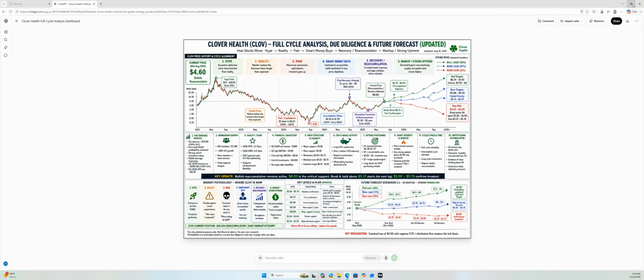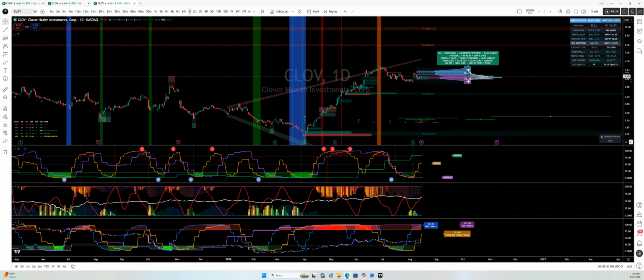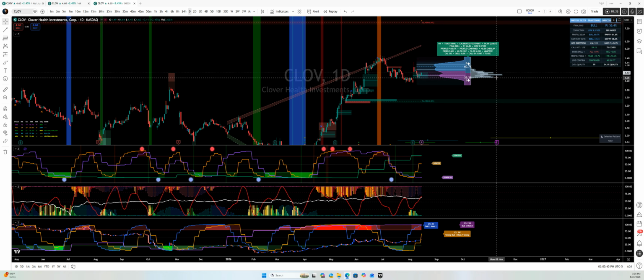All right. Now, I created this volume profile right here.